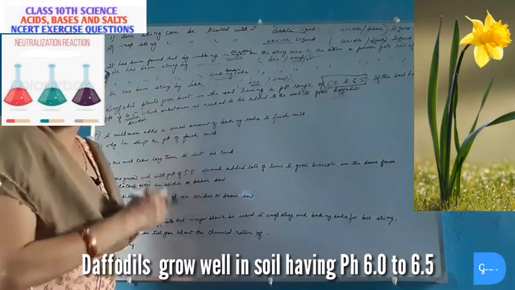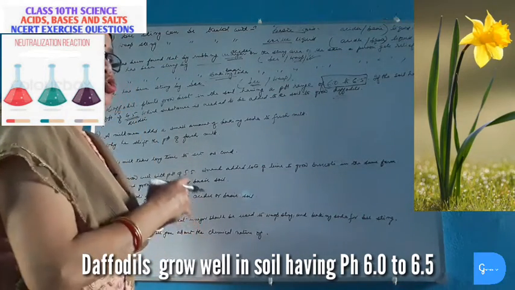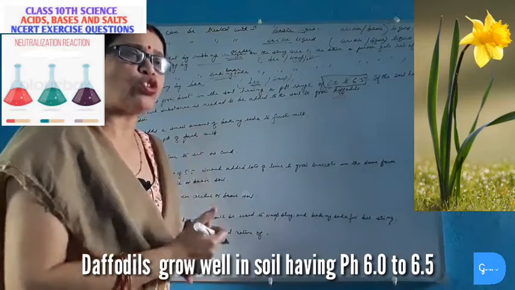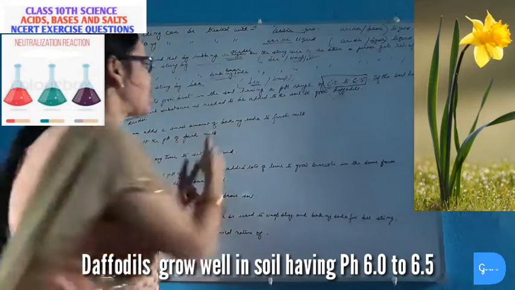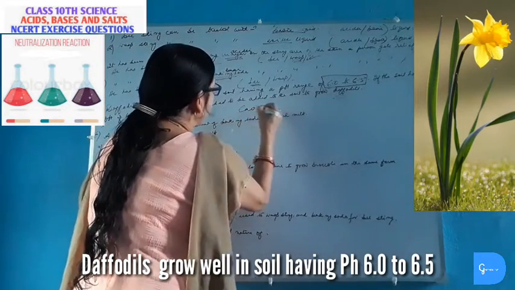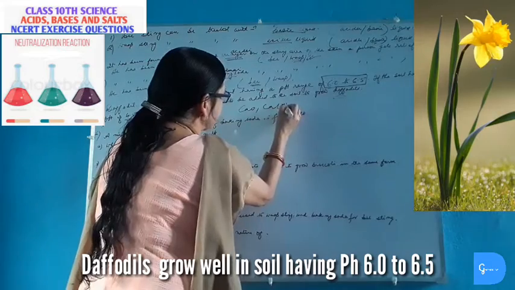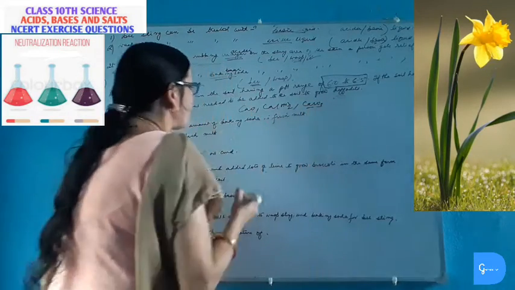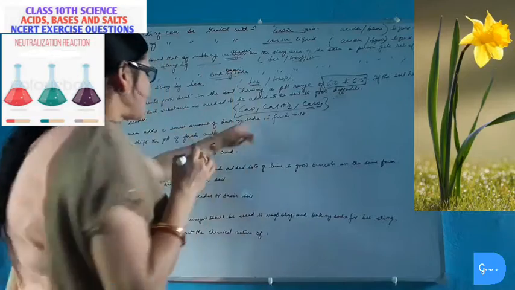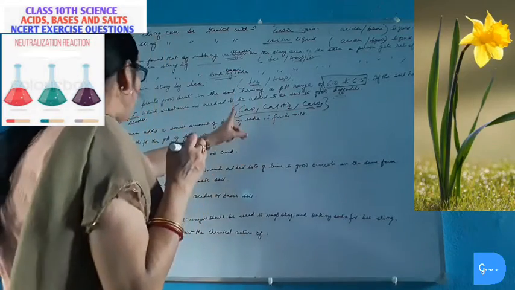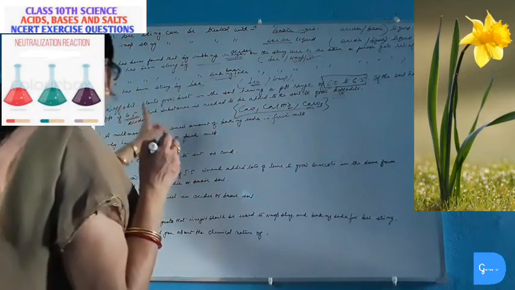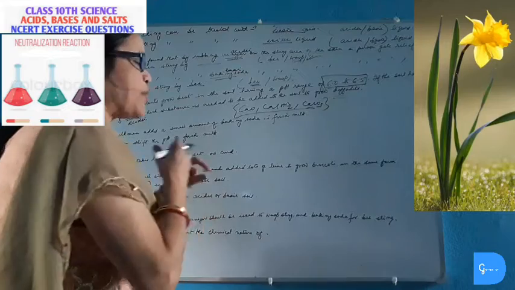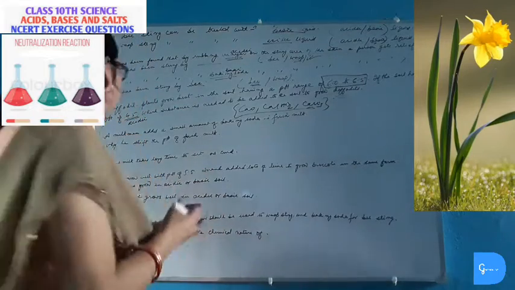So we must add lime to the soil to make it suitable for the growth of daffodils, because lime contains calcium oxide or quicklime, calcium hydroxide or slaked lime, or calcium carbonate or limestone. When we add these substances to the soil, they neutralize the acidic effect of the soil, and thus the soil becomes suitable for the growth of daffodils.